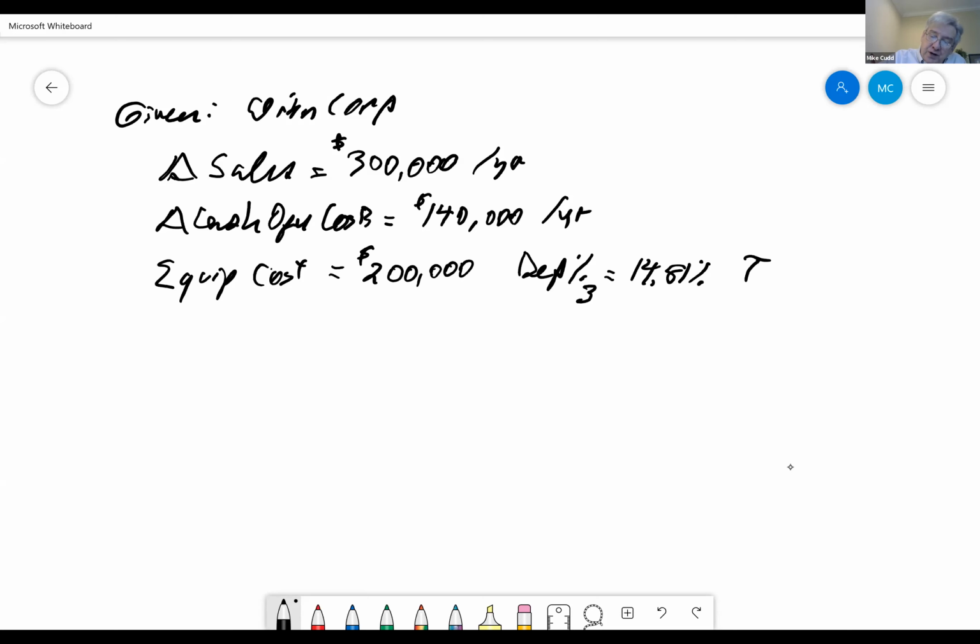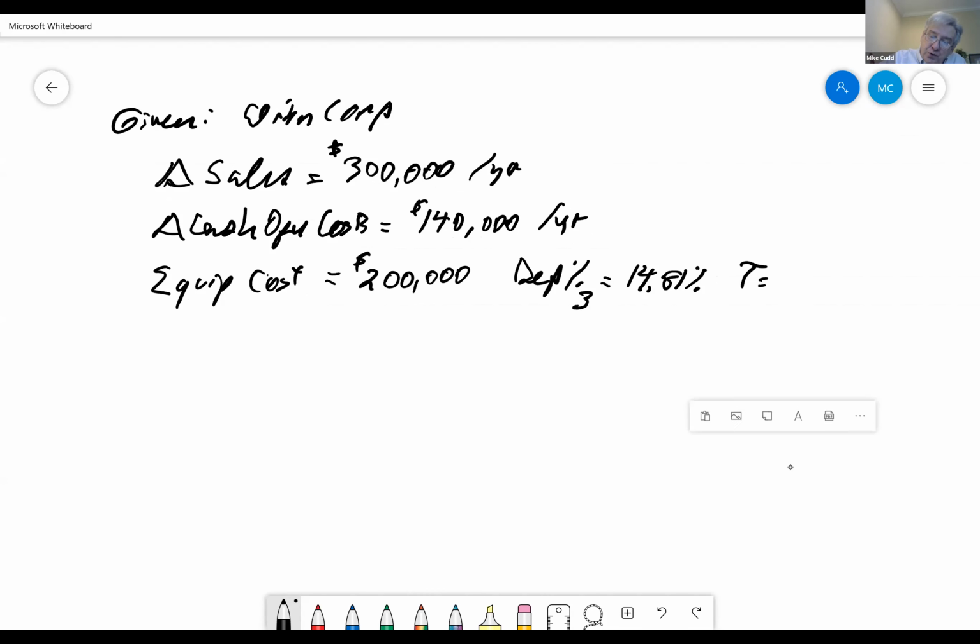The tax rate is 30%. And we're asked to come up, not with all the project cash flows, just the operating cash flow for year 3.